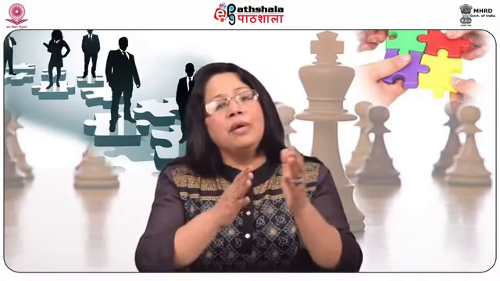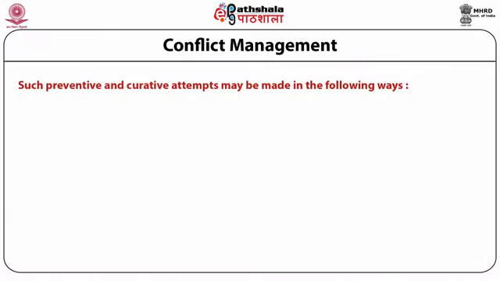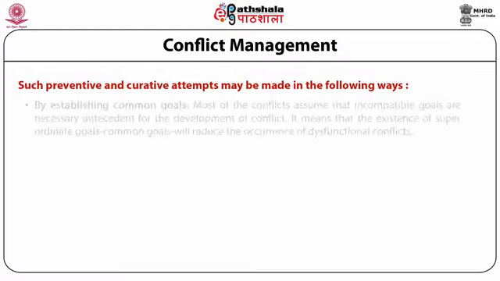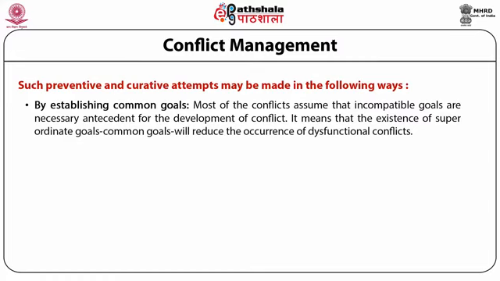The curative measures include the resolution of conflicts where they take place and become dysfunctional in the organization. Such preventive and curative attempts may be made in the following ways: by establishing common goals.